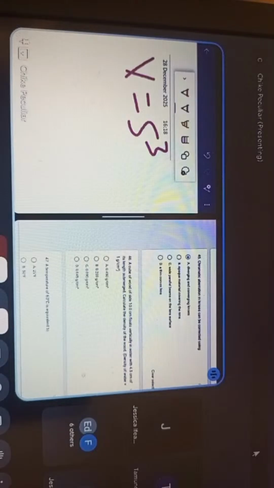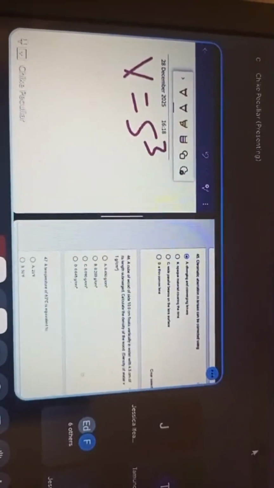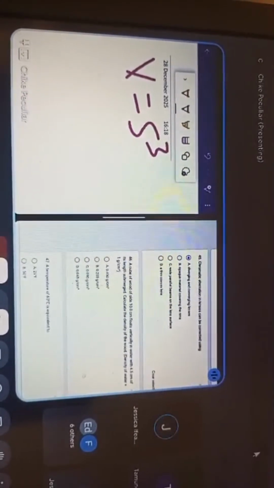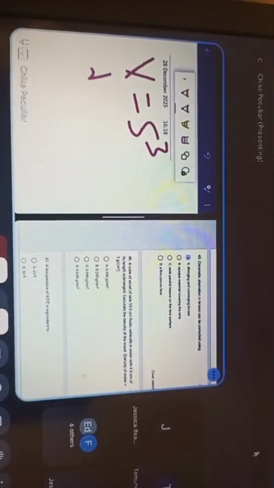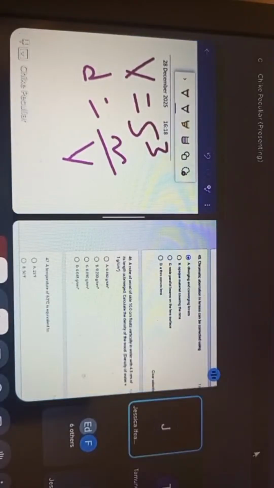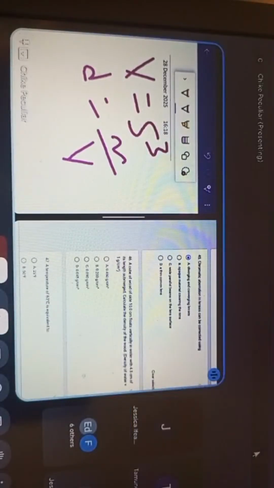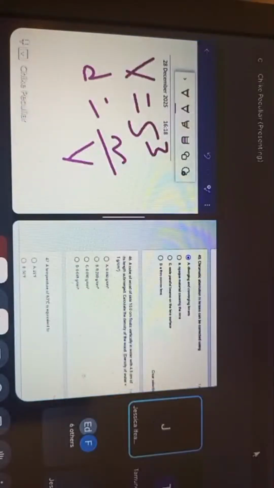Now it says the side is 10 centimeters, floats vertically with 4.5 cm of length submerged. Now calculate the density of the wood. Alright. So now density is mass per unit volume, right? That's the formula for density.